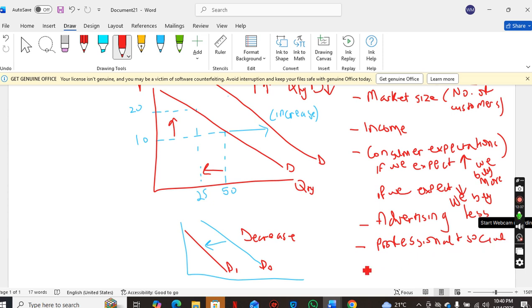Right. Then finally, price of related goods. This is where we're talking about complementary goods and substitute goods.